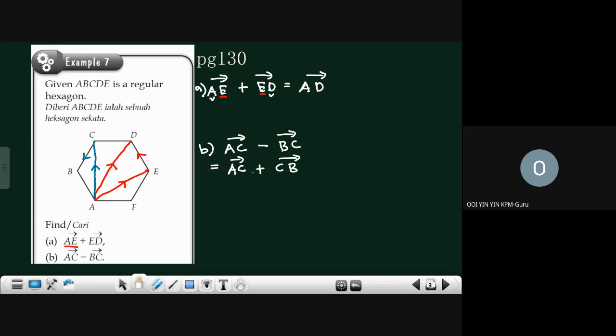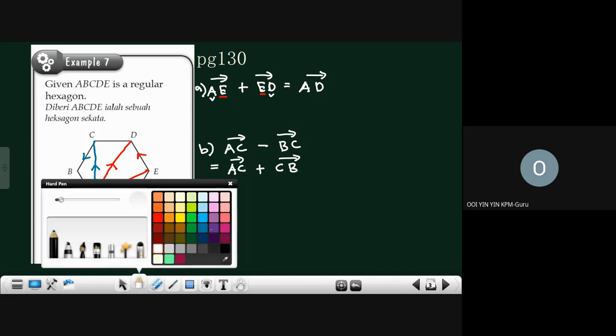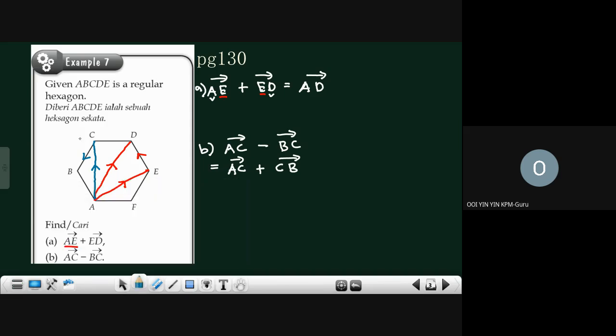Now, following the blue color, just now your AC to your CB will result in what vector? It will result in vector AB.